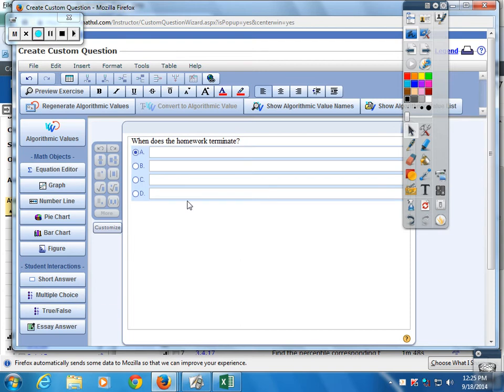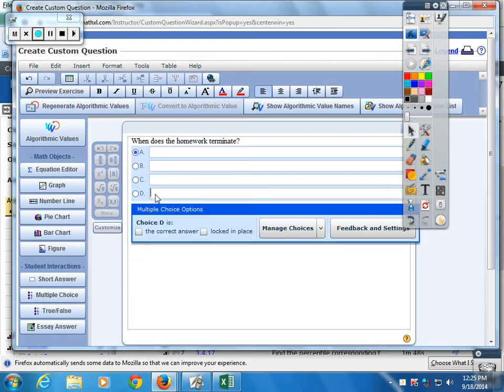And the multiple choice answers are: Mickey Mouse, you suck, I cannot read, or midnight before the test starts.